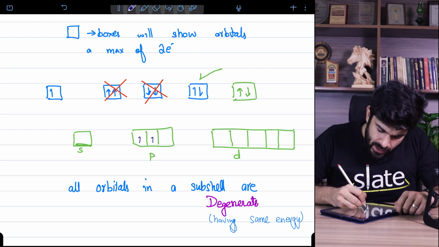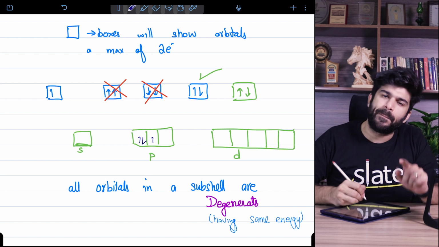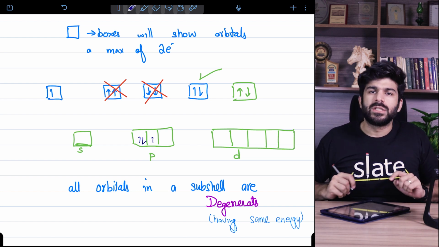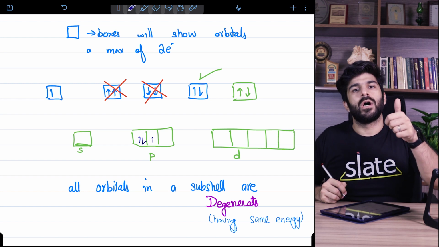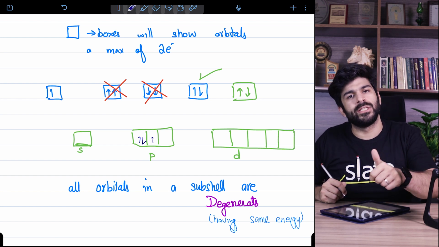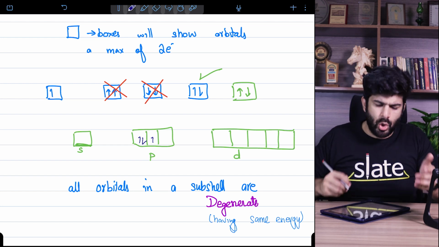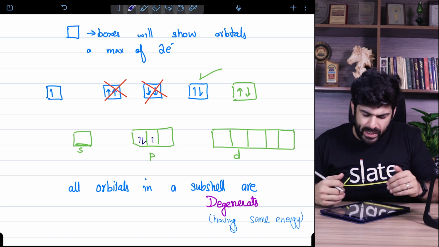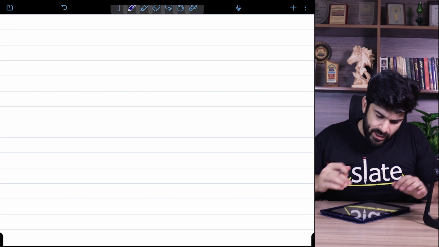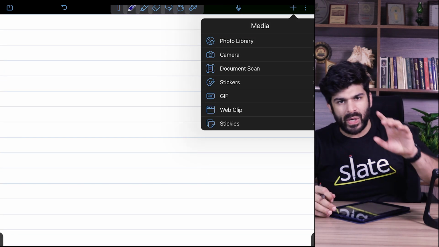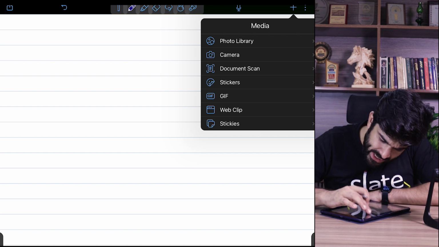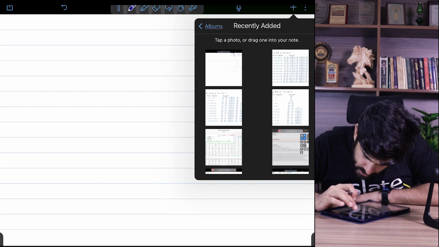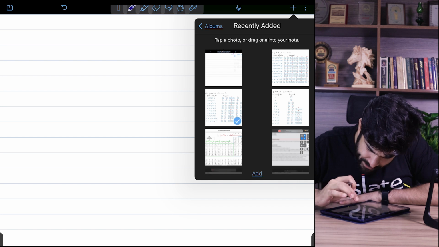If I filled this one first, that would mean the px or the first p orbital is lower in energy, because electrons fill the lower energy orbitals first. This is the concept we've already dealt with. So if we start making the electronic configuration of the first 20, we've made 13. Let me share the file where we can see how they all look for other elements.